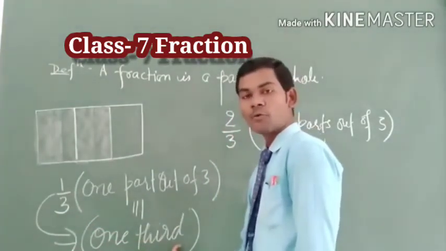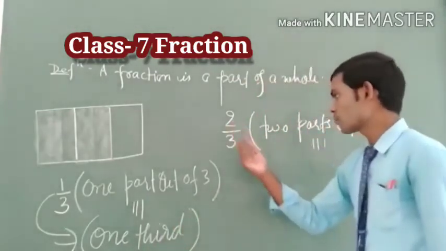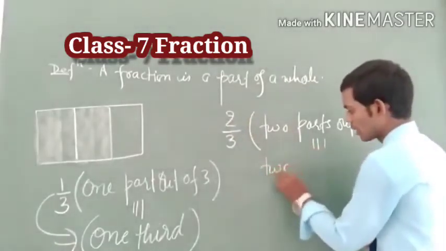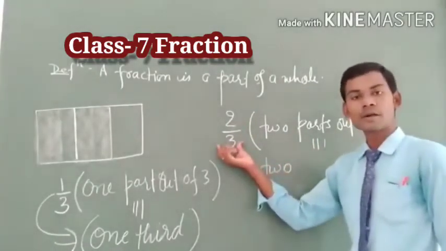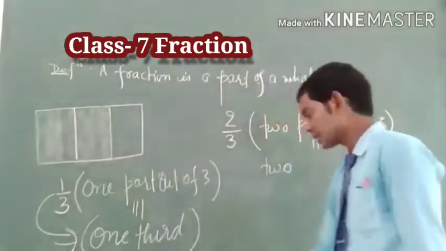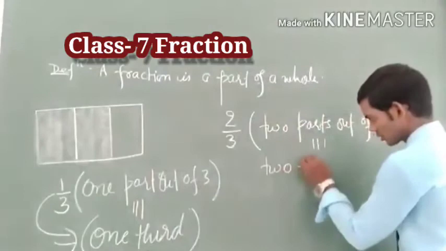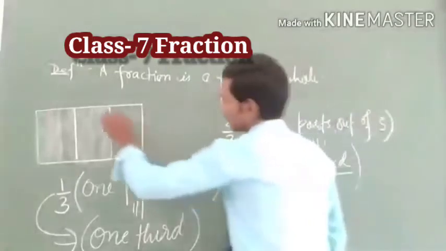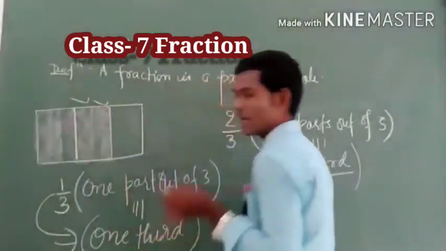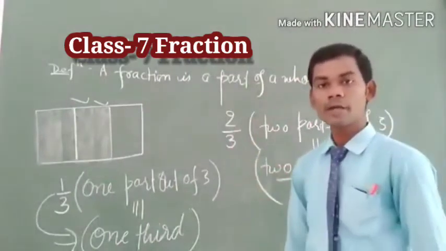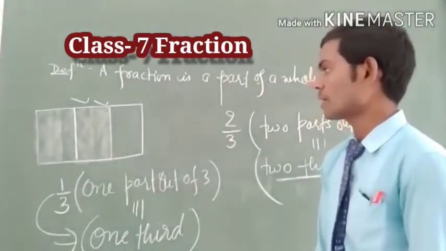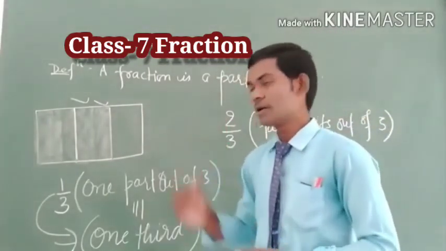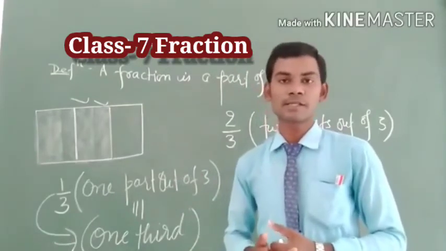In the similar way, for 2 by 3, first we write 2, and the denominator is 3, so we write third. So the figure represents that 2/3 part has been shaded. How much part? Your answer will be 2/3 part has been shaded in the figure. I hope it is clear.